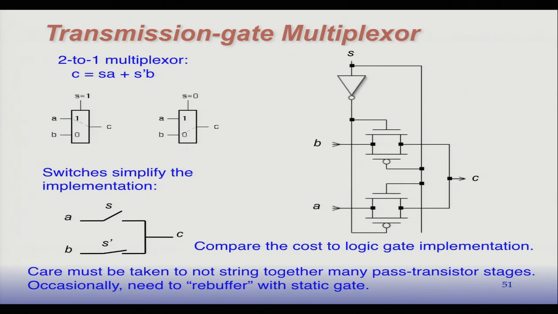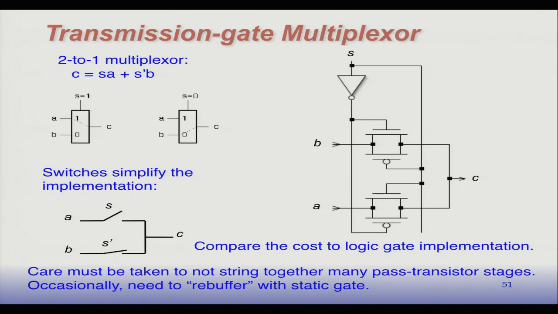Now, this type of idea is pretty powerful, but you have to be careful. If you strung a lot of this type of circuits in series, you can end up with a long logic path. I'll just say it briefly now, and we'll see more next week.